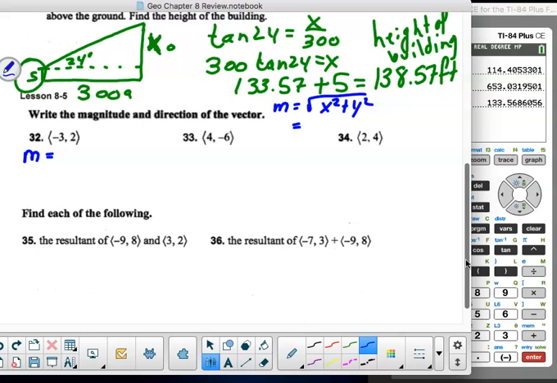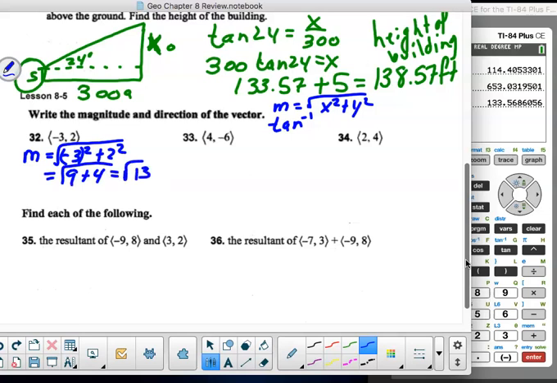For direction, first of all, I've got to use the inverse tangent, which is y over x, or opposite over adjacent. The first one is negative 3 squared plus 2 squared. The negative times the negative is positive, so it's 9 plus 4. My magnitude is square root of 13.